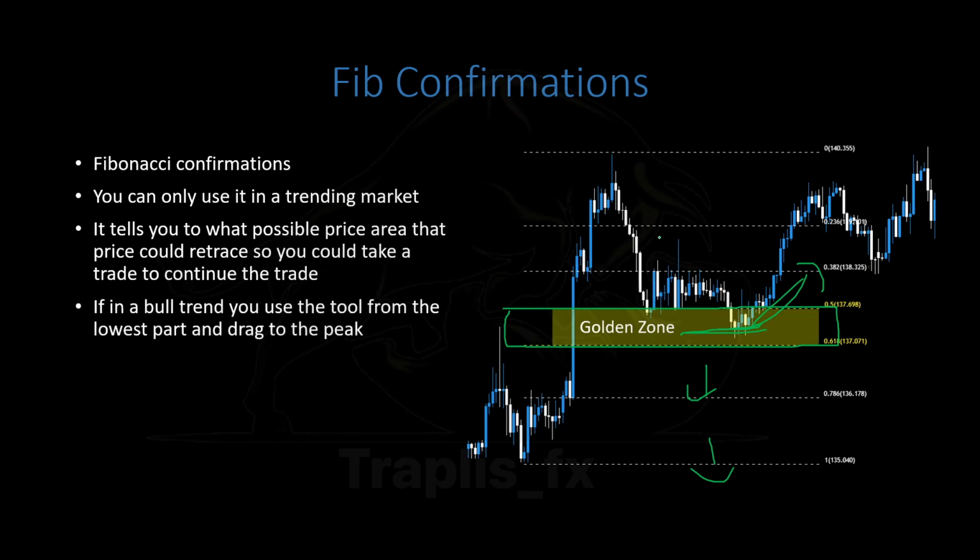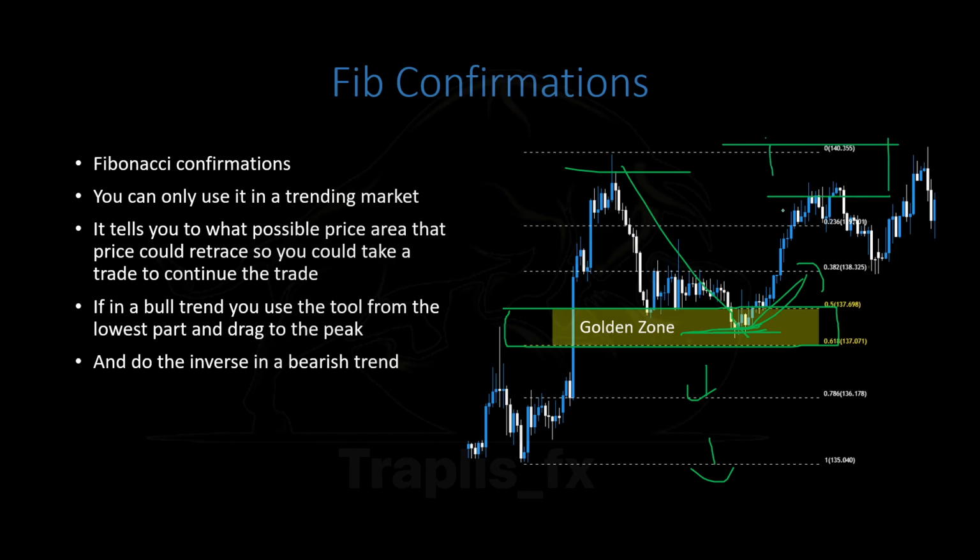Okay, next. So we said if it's in a bullish trend, you drag from bottom to the top, it gives you this. If it's in a bearish trend, you just do the opposite. So you drag from the top to the bottom, and that will give you the zone. The zone should be somewhere here on top that tells you, hey, price is gonna go up and then it's gonna keep going down. So that's what this means.